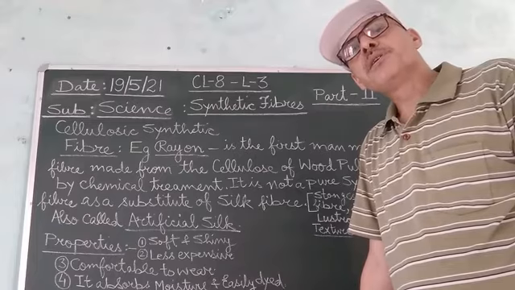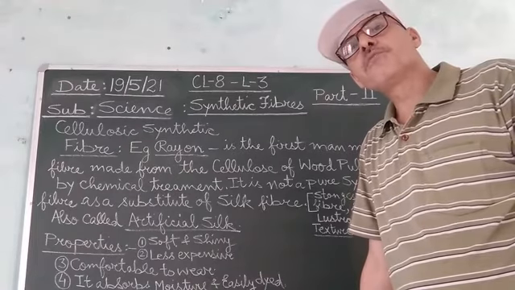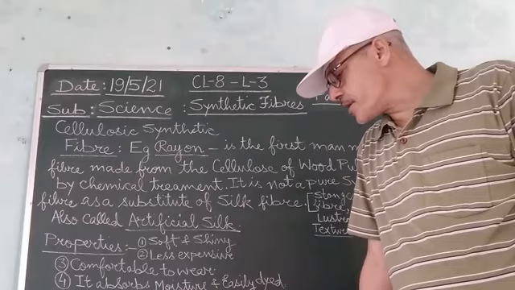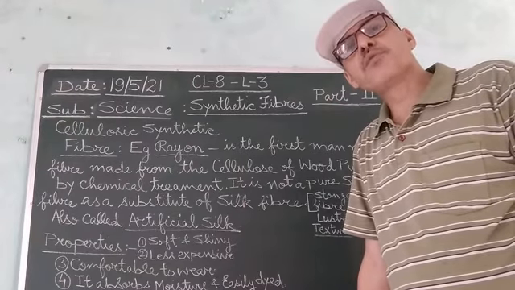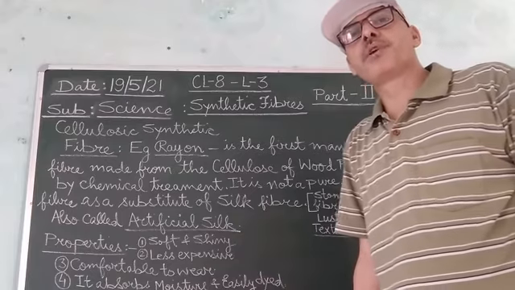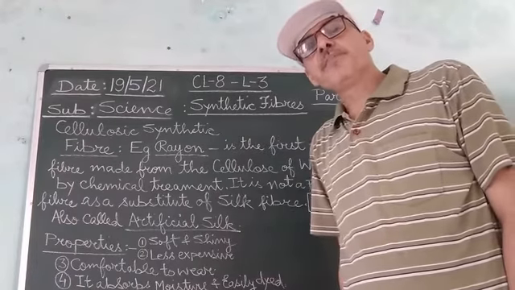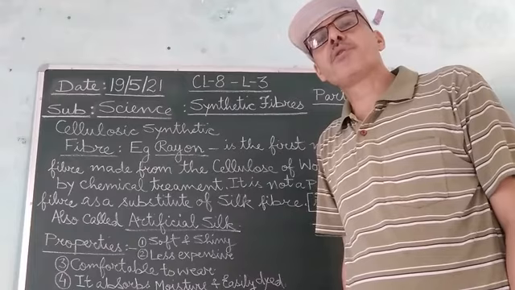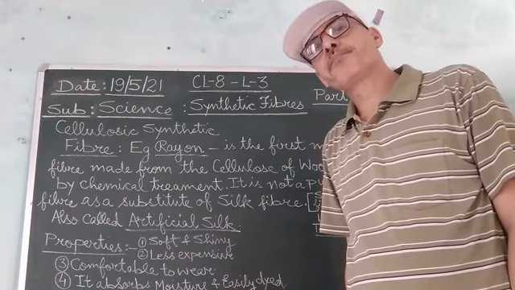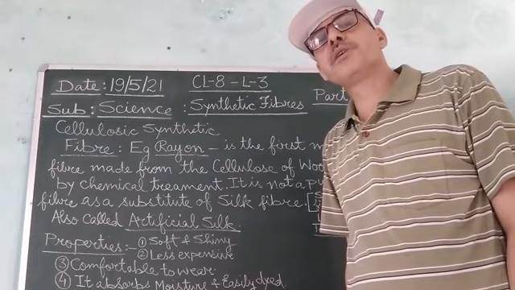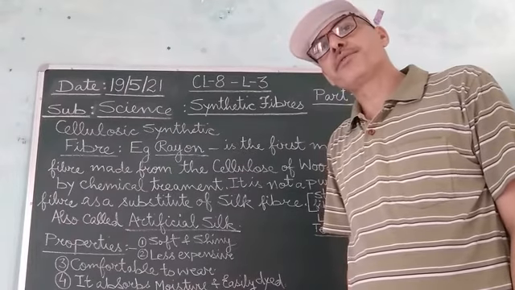PET, P-E-T, and the full form of this PET is polyethylene terephthalate. So if anybody asks you what is the expanded form of the PET, then you will say the expanded form of PET, which is a variety of polyester, is polyethylene terephthalate.